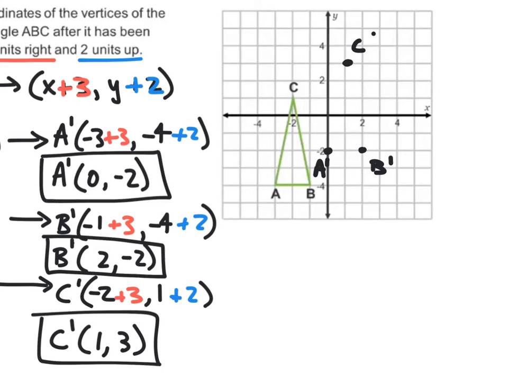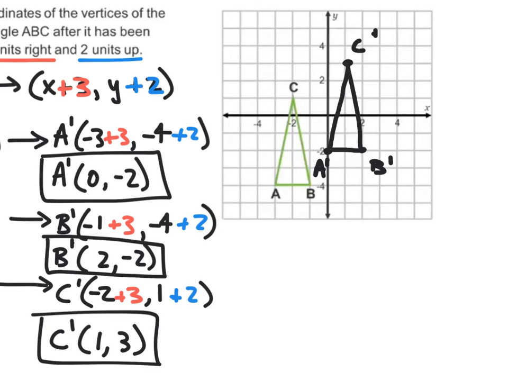This is C prime. What I've created here is another triangle that is exactly the same as our original triangle, but I used the points on the graph to help me do that. Now, could you also just go 3 units right, 2 units up, looking at the graph? Sure.